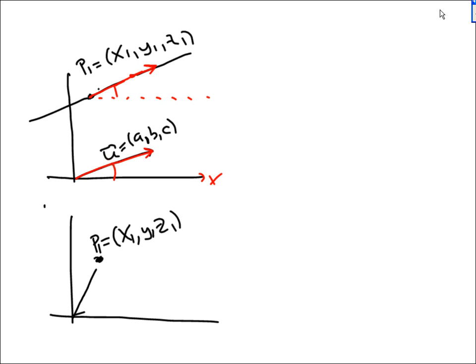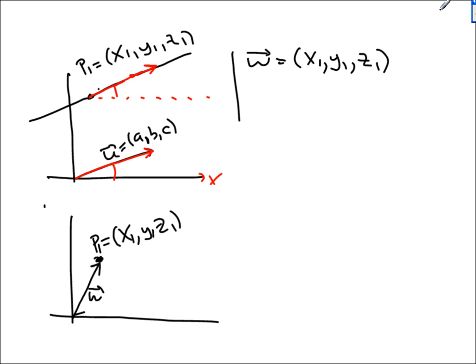And I'm going to draw a vector w that goes right there. So on the side up here, I'm going to say that w is a vector that goes to points. The head of the point is x1, y1, z1, and the tail is the origin.